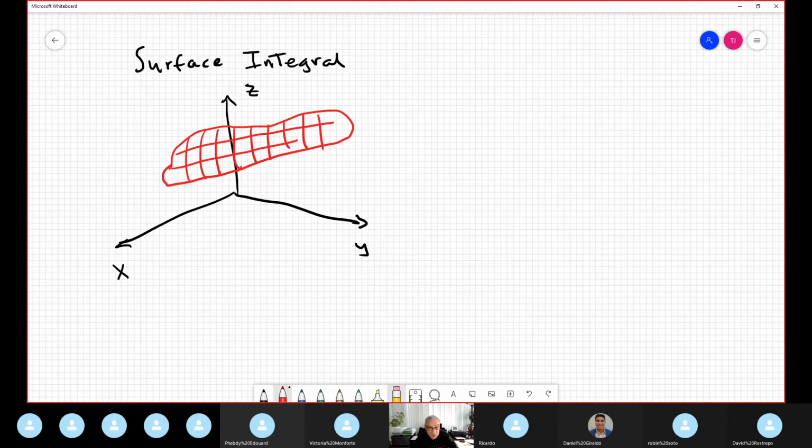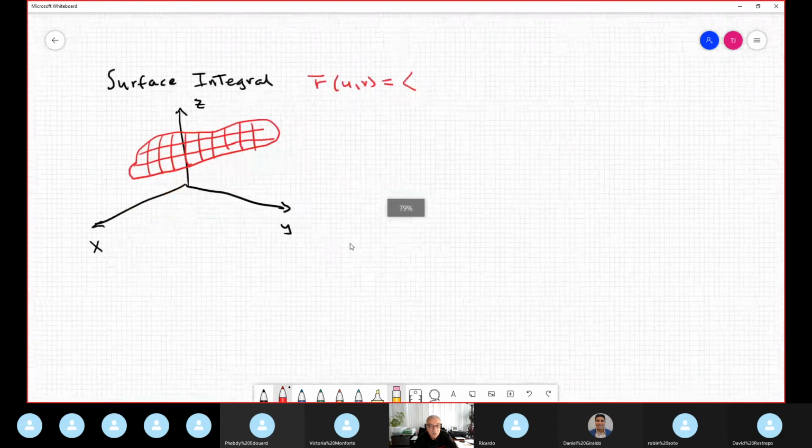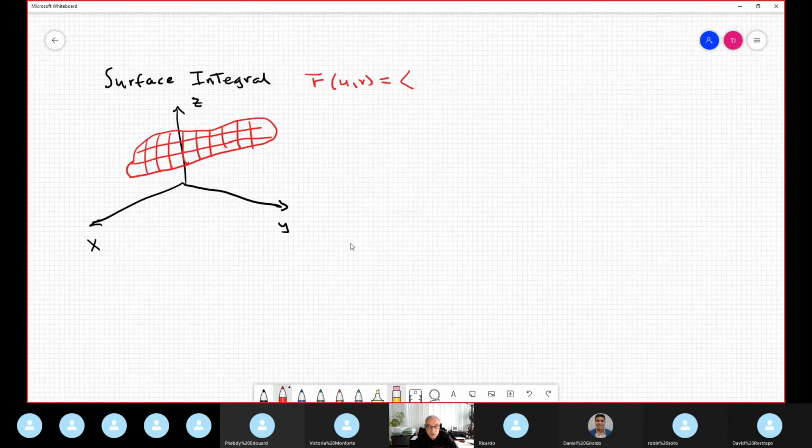Okay, I have the parameterization, so we will be able to represent this surface like that: r(u,v), a vector valued function, is x(u,v), y(u,v), z(u,v).